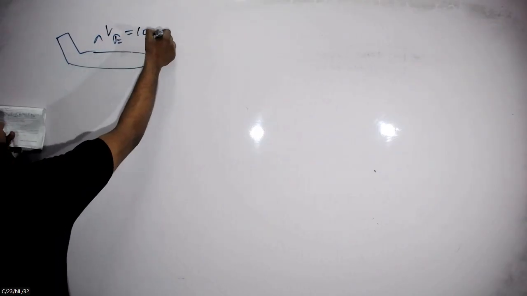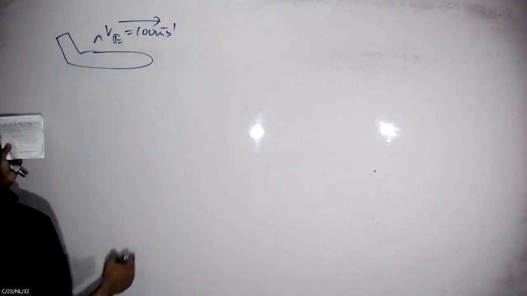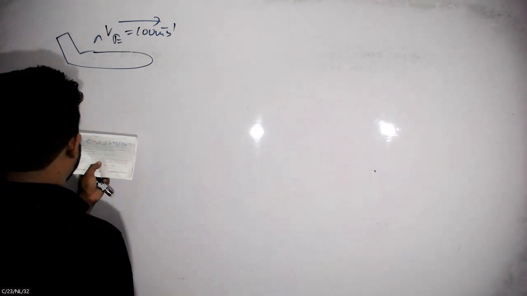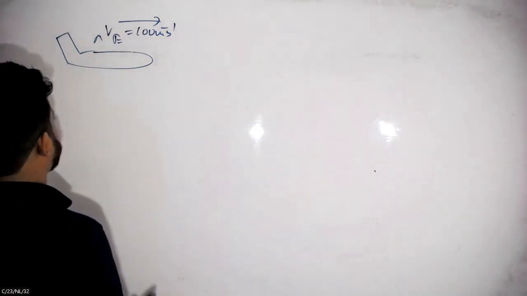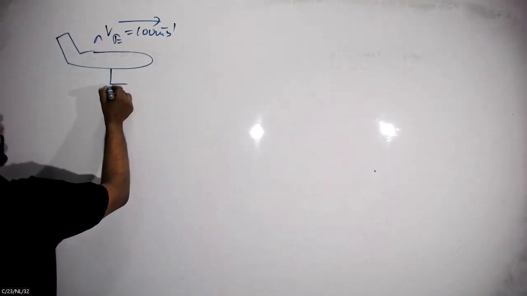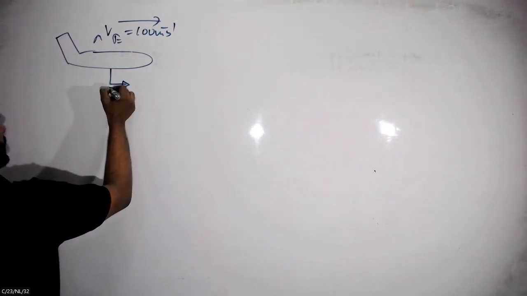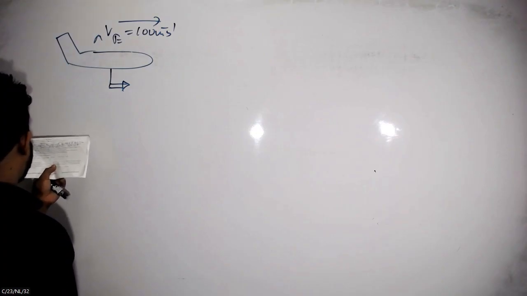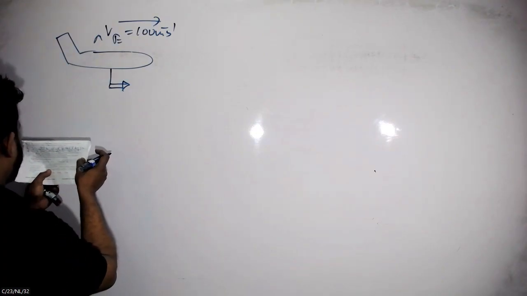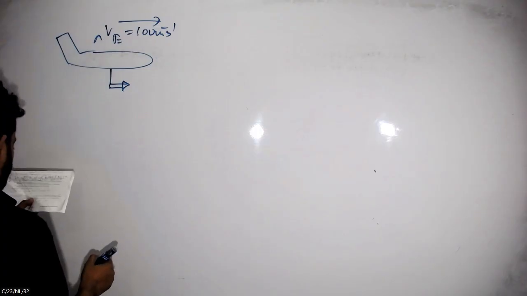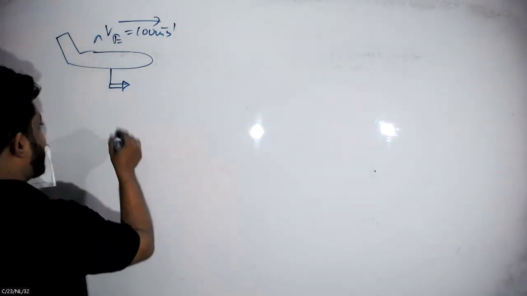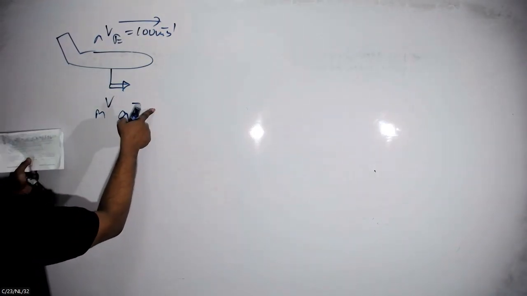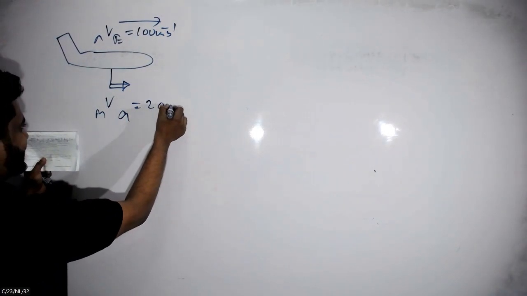A missile can be projected horizontally from the aircraft at a velocity of 20 meters per second relative to the aircraft. The velocity of the missile is given relative to the aircraft. Got it?